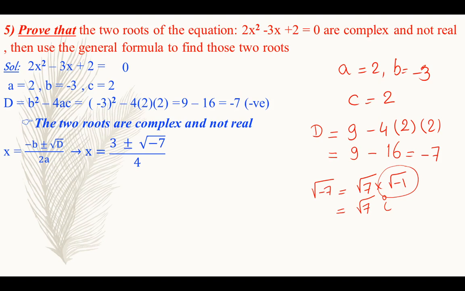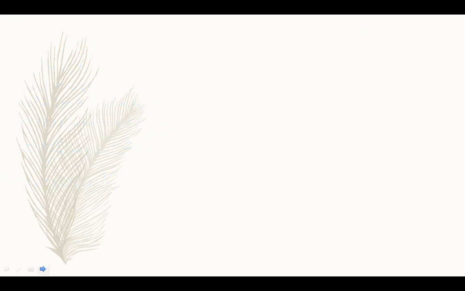Then you have to simplify: x equals 3 plus root 7 i over 4 and 3 minus root 7 i over 4. The two roots are 3 plus root 7 i over 4 and 3 minus root 7 i over 4. This is the two roots of the quadratic equation.